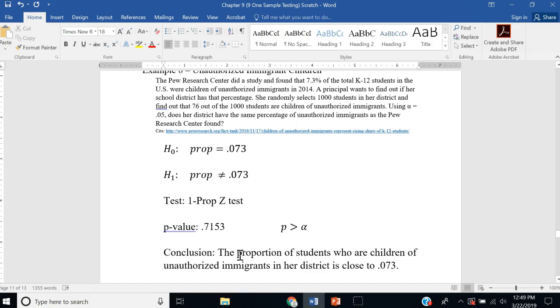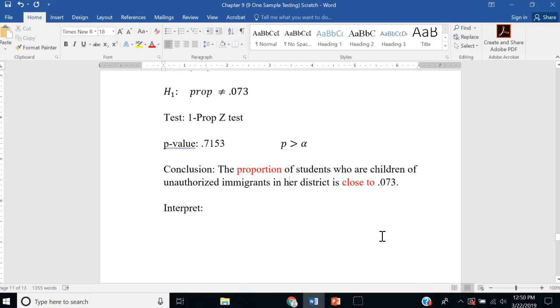All right, again, the key things here, there's a number of ways you can say this, but the key things here is that we are using the word proportion, and we're using the phrase close to instead of equal to. All right, those are the two big ones. Oh, did I say?